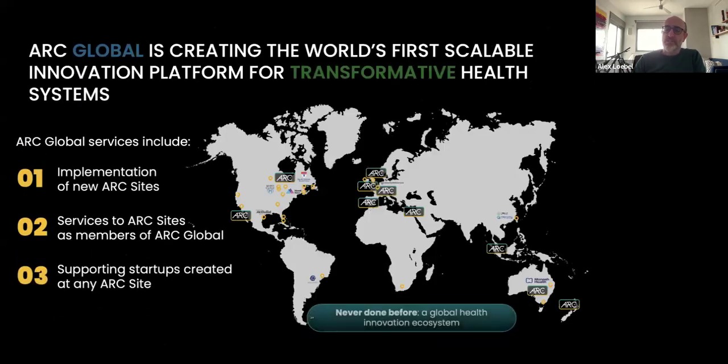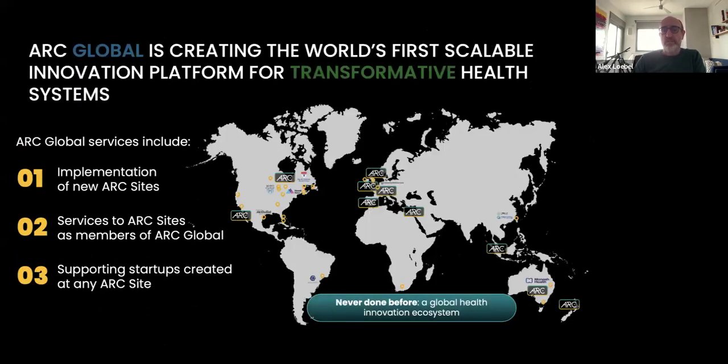ARC is the innovative branch of Sheba. It has many offices and collaborations with many hospitals around the world. And the idea is to export the knowledge of integrating innovation and AI within medical centers and to share it with other medical centers around the world.